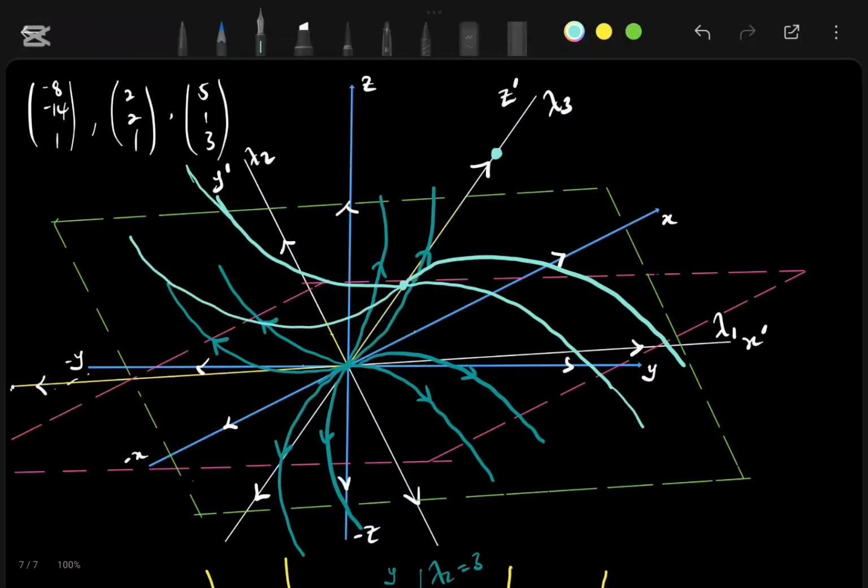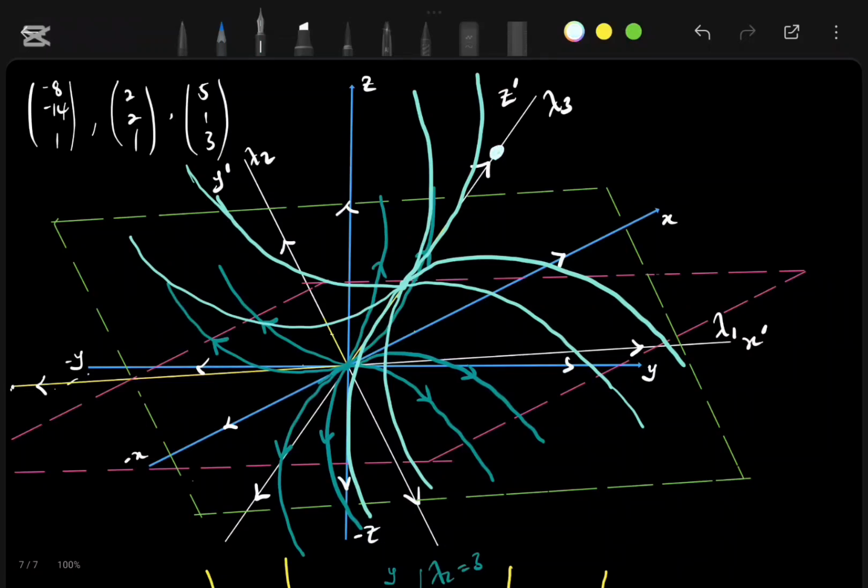Is that okay? So we'll have this. So we move up, the solution becomes bigger.